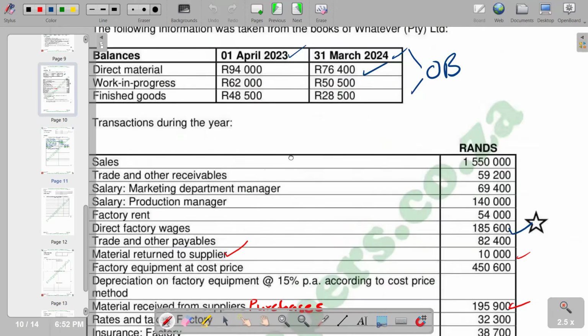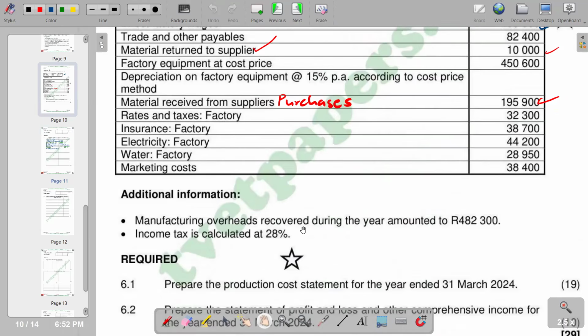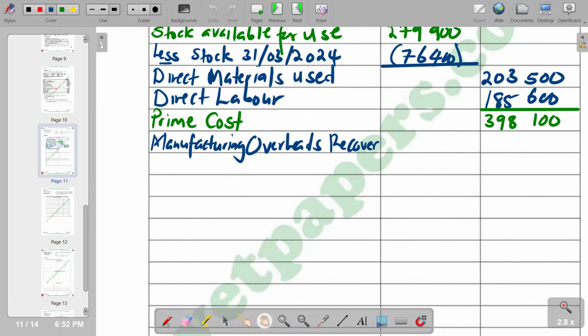If you go to additional information, we are given that manufacturing overheads recovered during the year amounted to 482,300 rand. So this is the figure for manufacturing overheads recovered. Beneath that, we now list all the manufacturing overheads that we have in the question and compare with this figure to see if there's an over recovery or an under recovery.